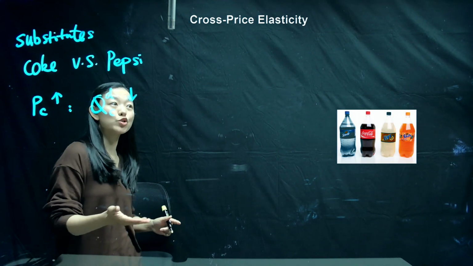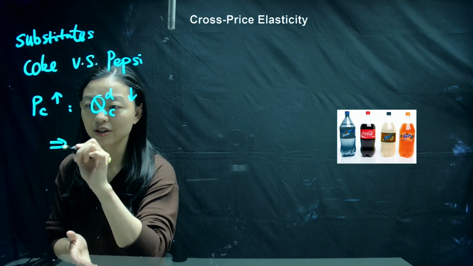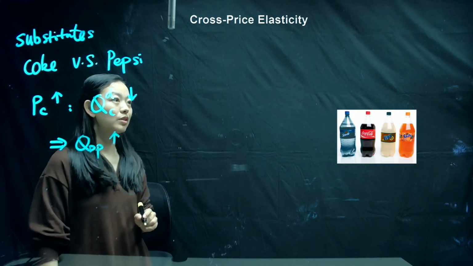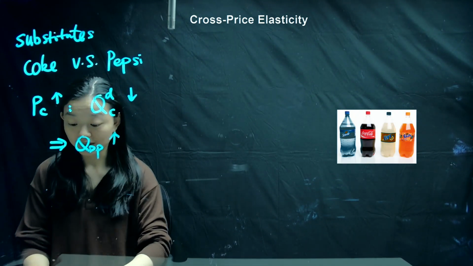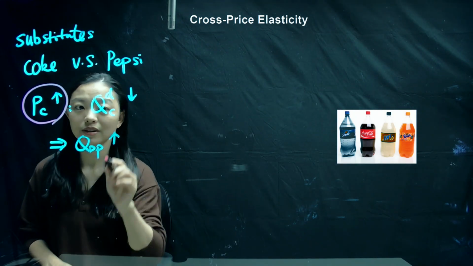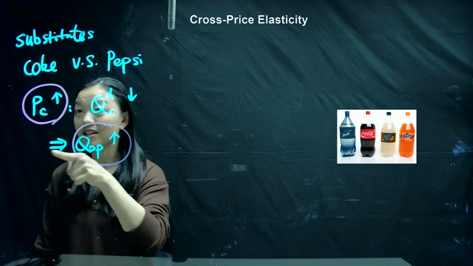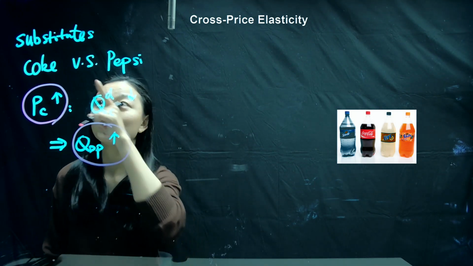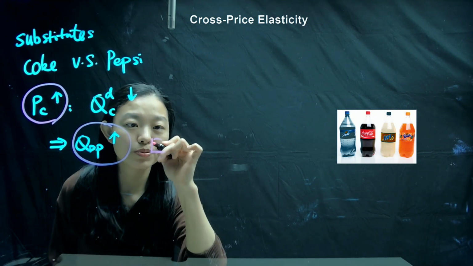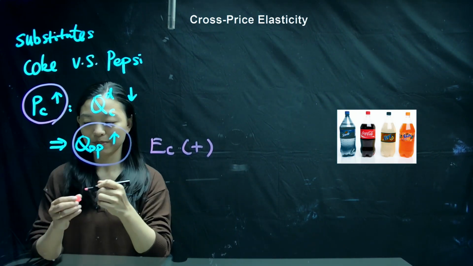And at the same time, consumers might switch to buy more Pepsi, right? So it will result in the demand for Pepsi increasing. So you can see here there is a relationship. When the Coke price increases, the demand for Pepsi increases. They are positively related, right? So for substitutes, the cross price elasticity should be positive. So this is from one example.